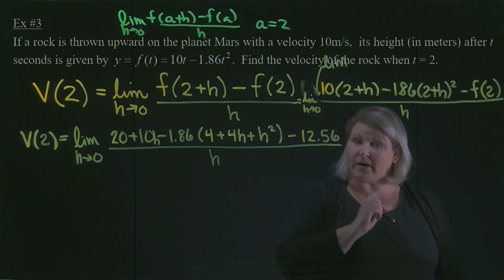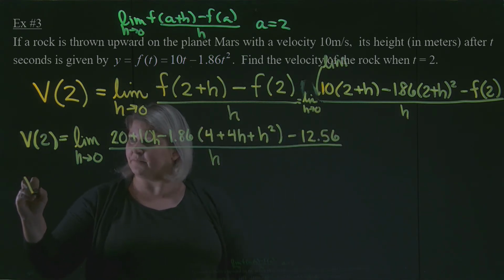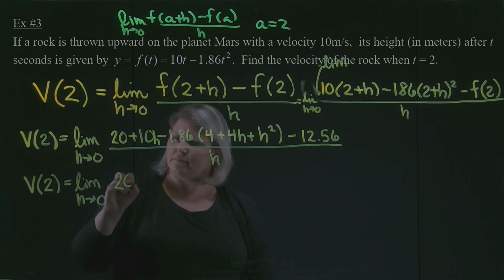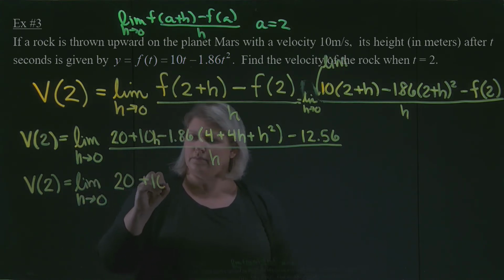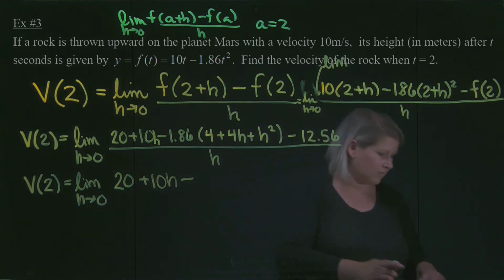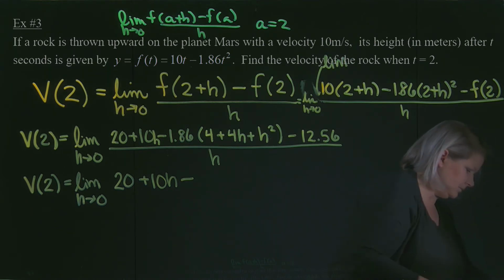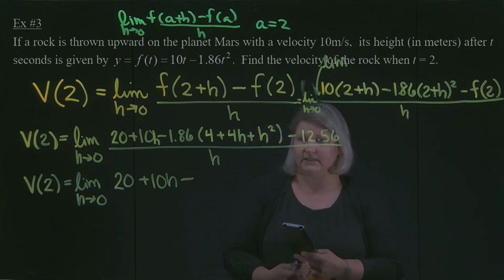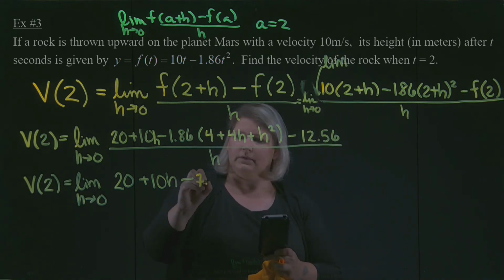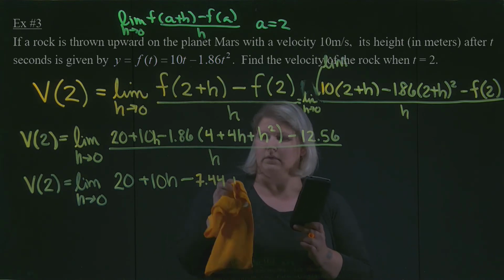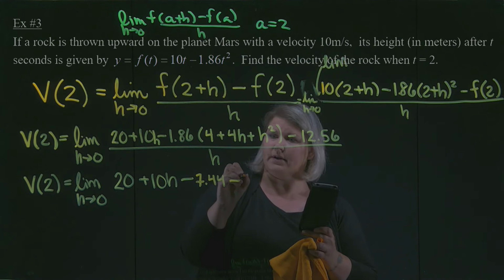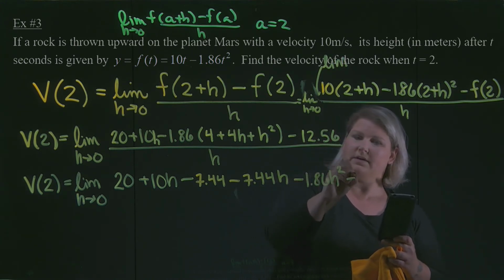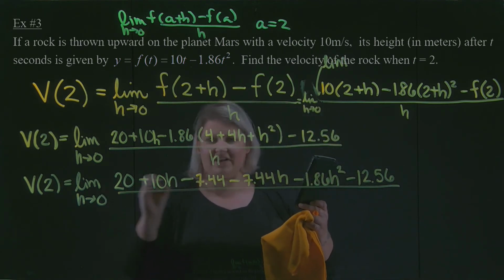All right, next I'm going to distribute out that 1.86 on my velocity. 1.86 times 4, and I'm multiplying by 4 again, h, and then minus 1.86 h squared, and then minus 12.56.